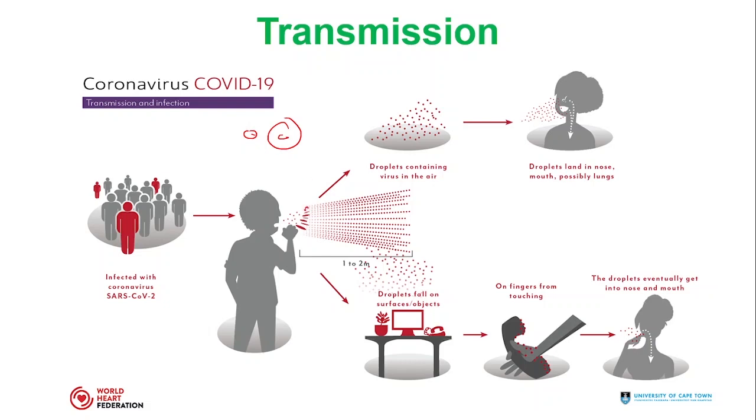Smaller droplets go a little farther and bigger droplets move less. These droplets usually travel a maximum of 1 to 2 meters, and sometimes they fall on surfaces. When we touch them and then touch our face, the virus goes inside our body.